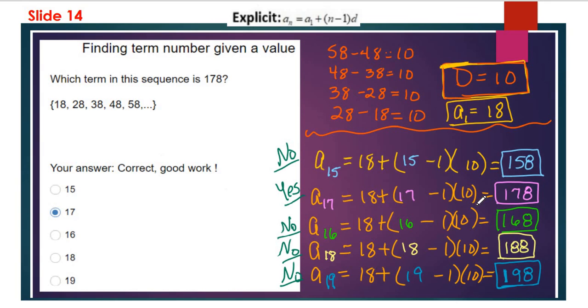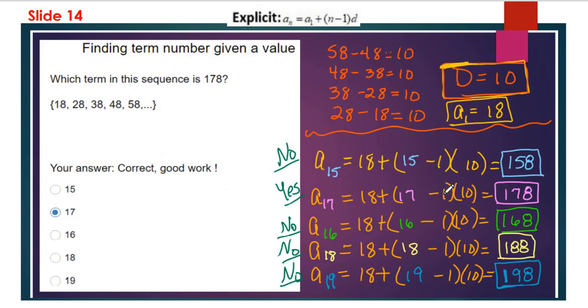Same thing right here. Put all of this at one time in the calculator, and it gives you 178. You're going to keep going all the way through here, taking these numbers and putting them in place of the n, and see which one gives you 178. And notice that this second one right here, the 17 does.